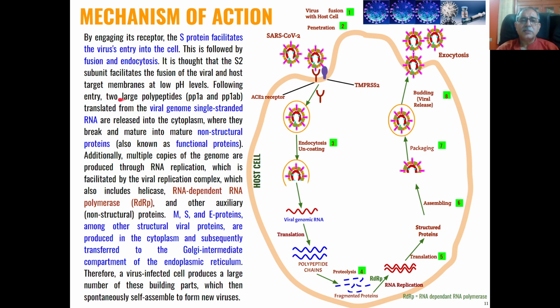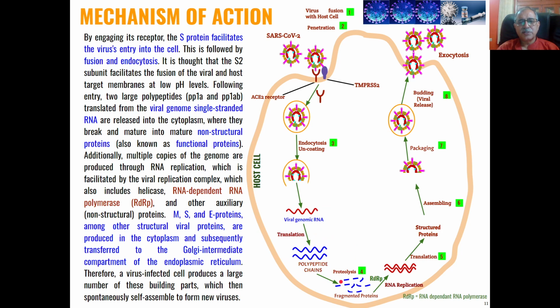Here, during the entry of the virus into the cell, two large polypeptides, PP1A and PP1AB, are translated from the viral single stranded RNA genome. They are released into the cytoplasm, where they will break and mature into non-structural proteins, as I have told you.